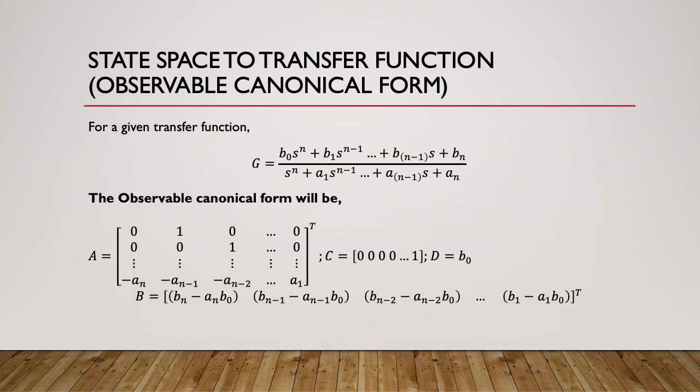So comparing the two forms, the A matrix is the transpose of the previous matrix, and the C and B matrices are exchanged. These are the formulas for the observable canonical form.